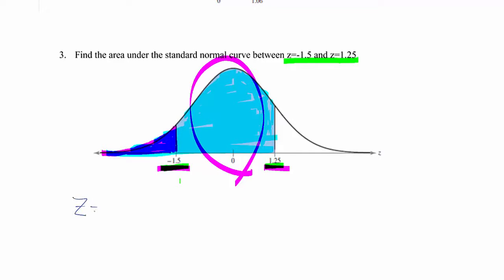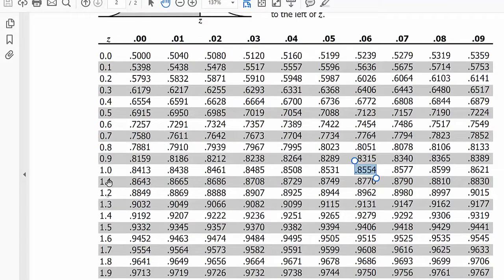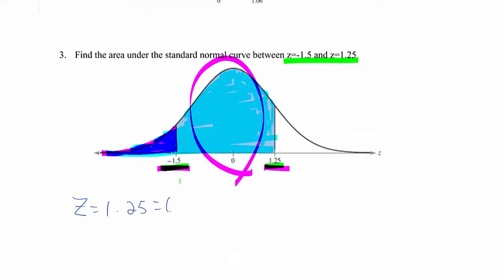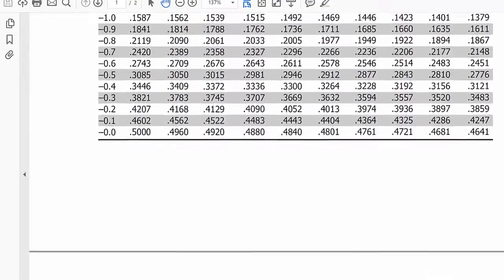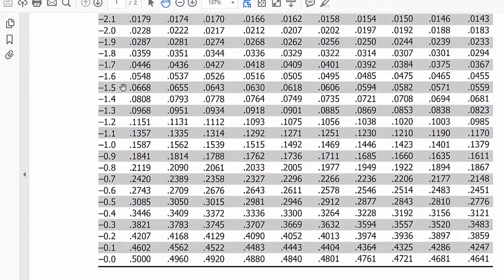So z equal to 1.25, that equals 0.8944. So 0.8944, and z equal to negative 1.5. On the negative side, negative 1.5 is here, 0.0668.